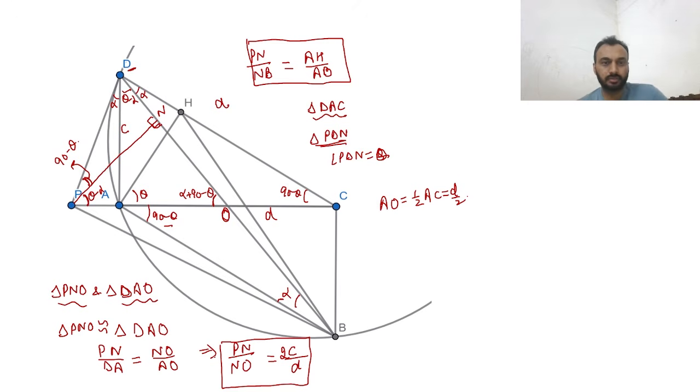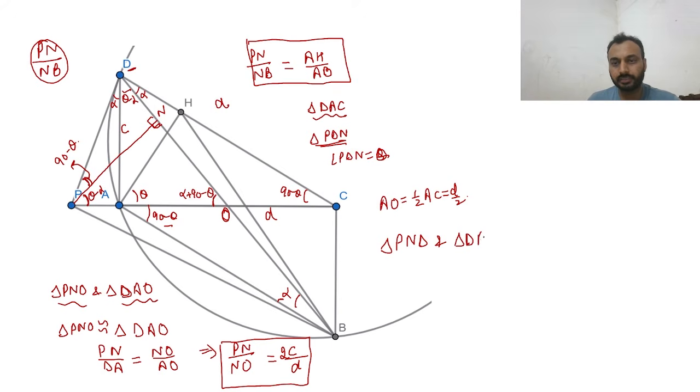So we are trying to find the ratio PN by NB. For that, we first saw the similar triangles, and we got PN by NO as this. Similarly, another pair of similar triangles that you can see is triangle PND and triangle DAC.